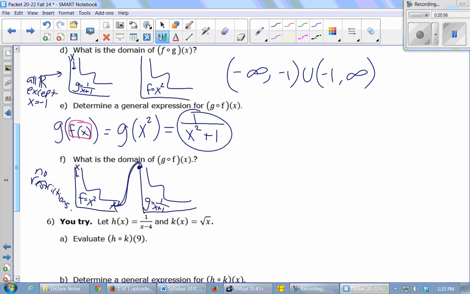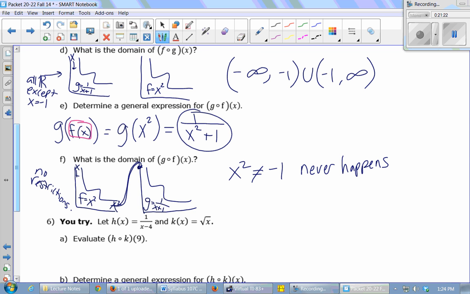What can I not put into G? -1. So X squared can never be -1, right? What I get out of F can't be -1 or I'll break the G machine. Okay, but are there any X values that would give you a -1 when you square it? This never happens, so I'm fine, right?